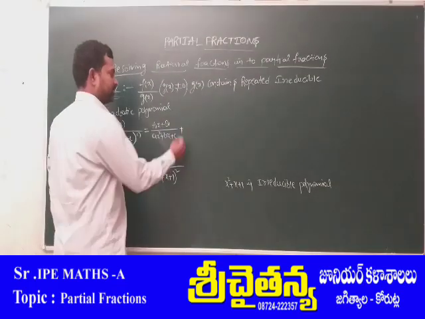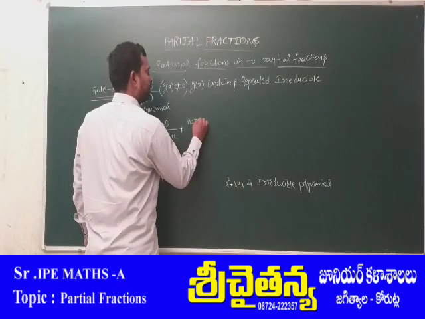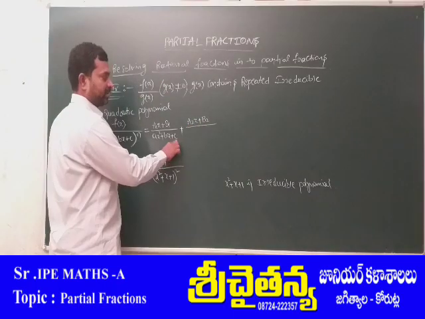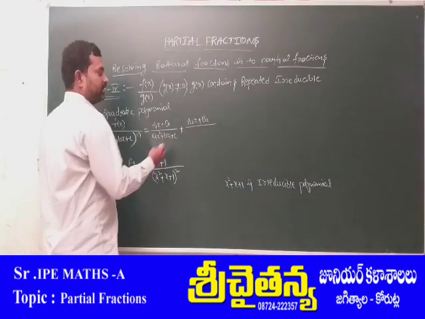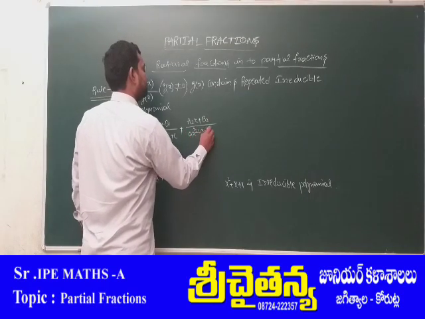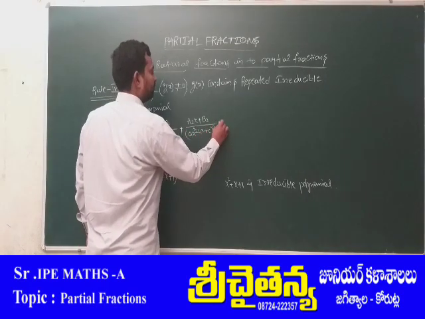Next plus a2x plus b2 by, what is here? First time, that means we wrote only one. Next, the second time we write ax square plus bx plus c whole square.